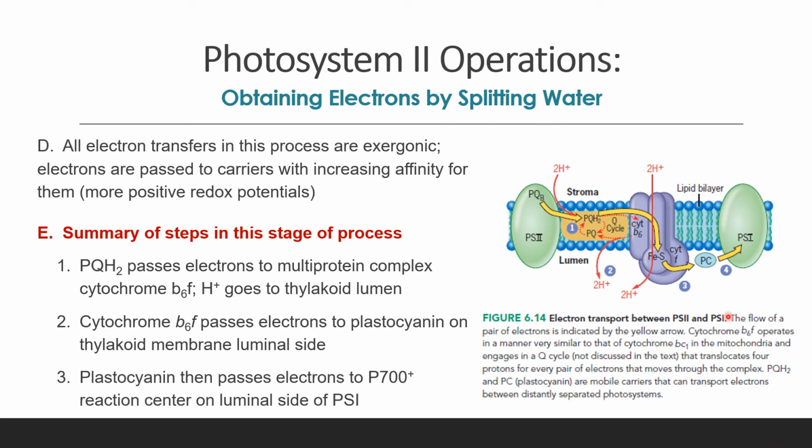Okay, so this is the first stage, and then cytochrome b6f passes the electrons to the plastocyanin on the thylakoid membrane luminal side. And then the plastocyanin passes the electrons to the oxidized P700 reaction center on the luminal side of photosystem 1. Okay, so this is how the electron transport between photosystem 2 and photosystem 1 happens.